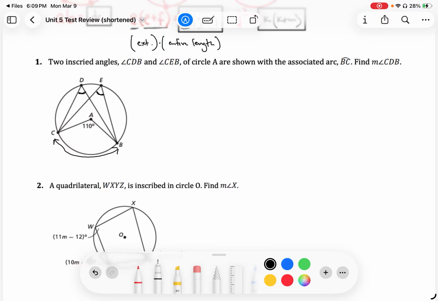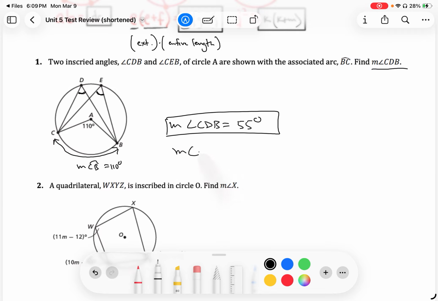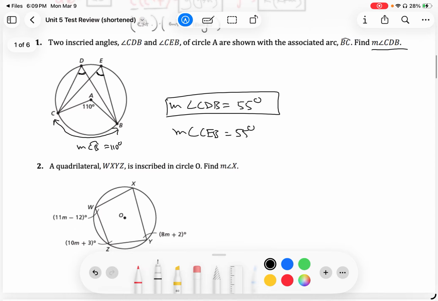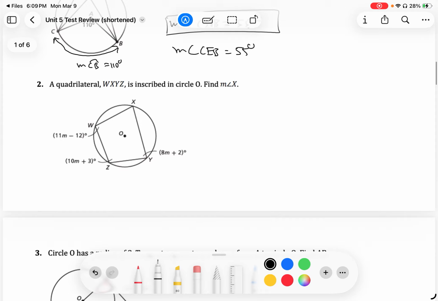Well, since the central angle is 110, I know the measure of arc CB is also 110 degrees. And since CDB is an inscribed angle, the measure of angle CDB is going to be half of that arc, which is 55 degrees. I also know that the measure of angle CEB would also be 55 degrees because they're both inscribed angles, so half the measure of the arc.